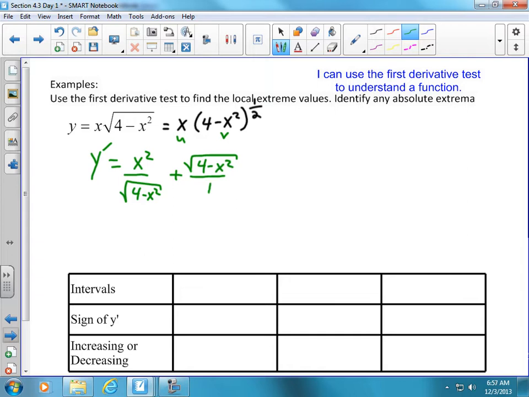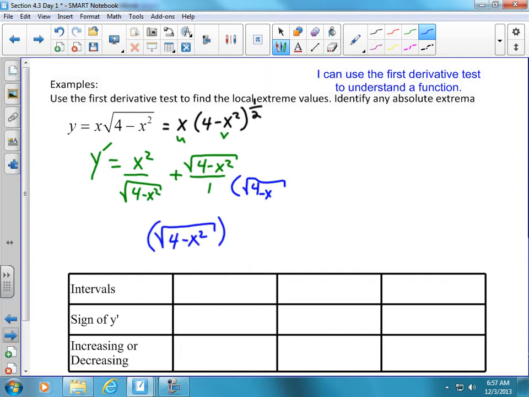And I'm putting that over 1 because I'm going to combine these two terms. This is what you get when you do the product rule, but we need to combine these two terms. So we're going to multiply the top and the bottom by the square root of 4 minus x squared.